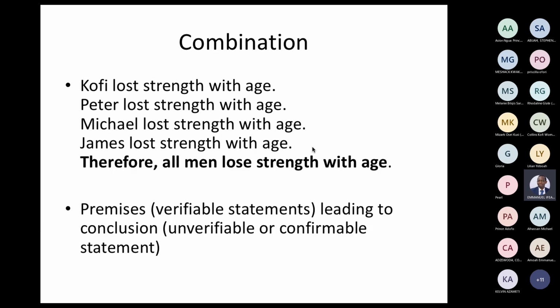You have up to 4 men who lost strength with age: Kofi, Peter, Michael, James lost their strength with age. And then the conclusion is that all men lose strength with age. Now you can see that the premises are verifiable statements leading to the conclusion, which is a confirmable statement.